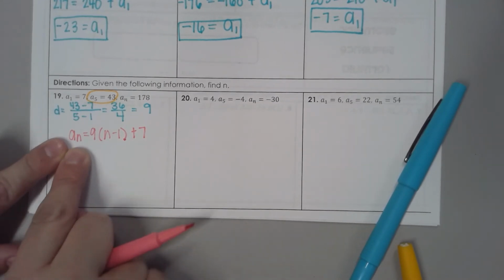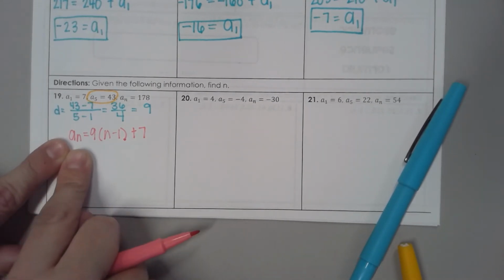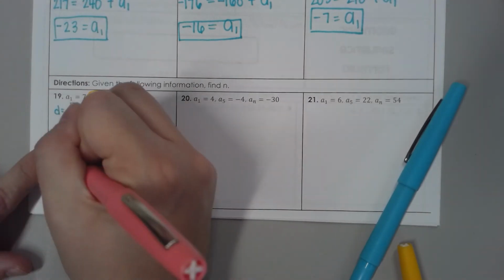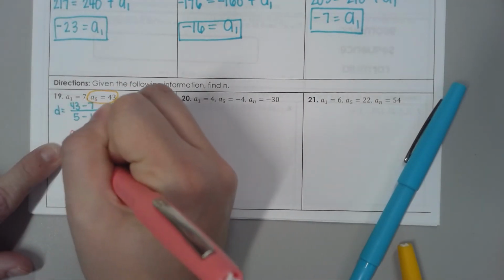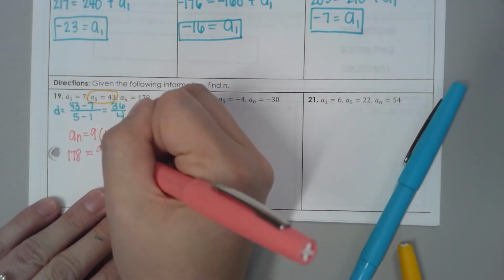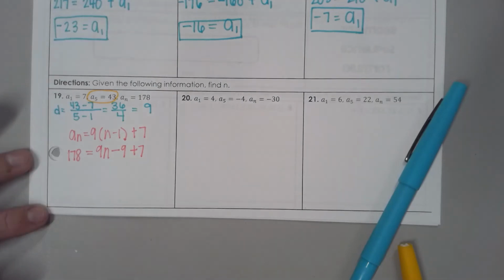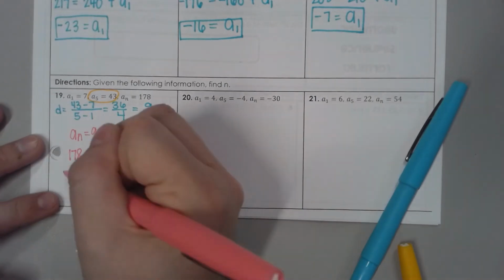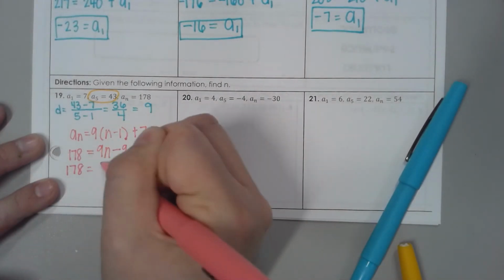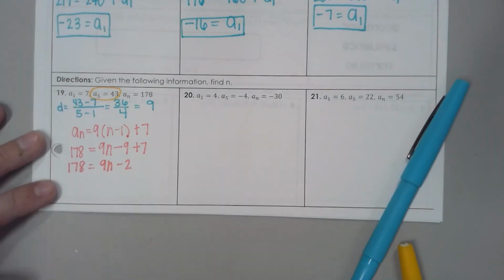Do I know what AN equals? Like what number? 178. So I can put a 178 there. This would be 9n minus 9 plus 7. Which is 9n minus 2.